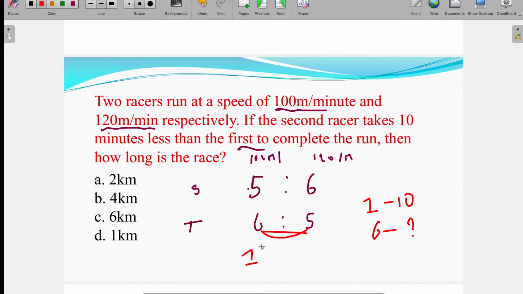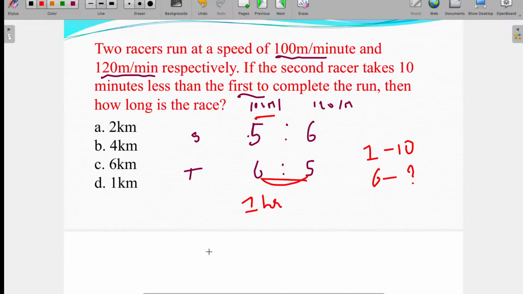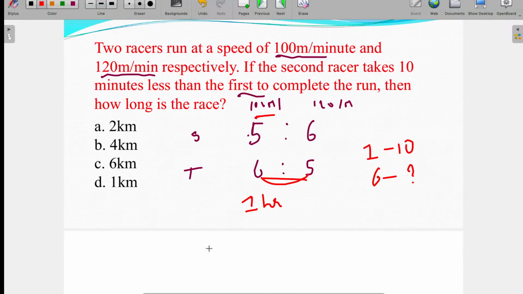Now you convert this. You can take this side, 100 meters per minute. Then to convert to seconds, what do we have to do? We have to convert minutes to seconds.